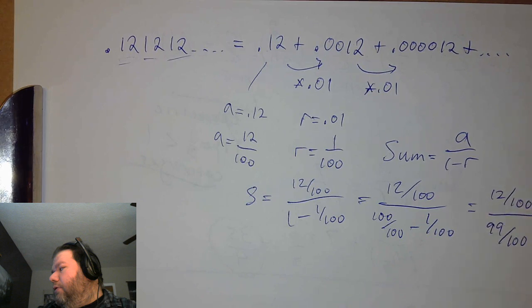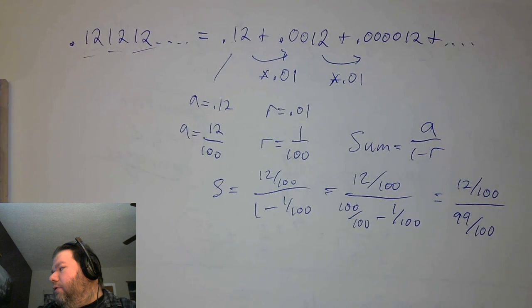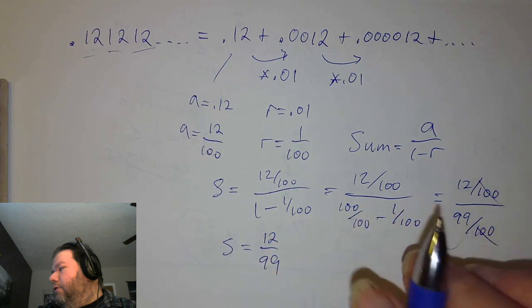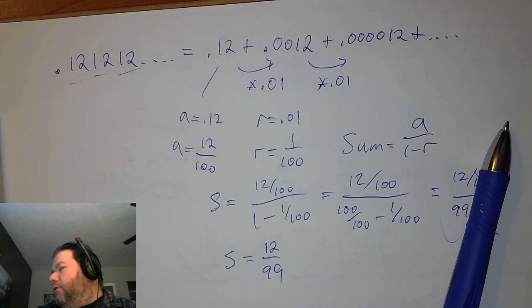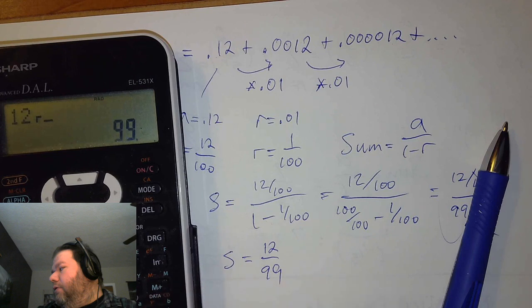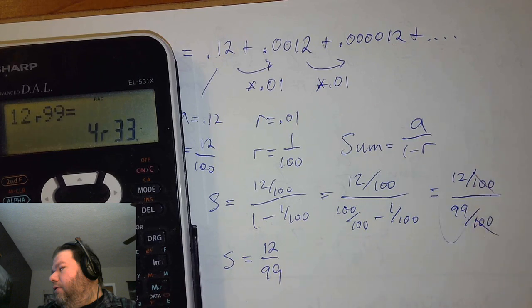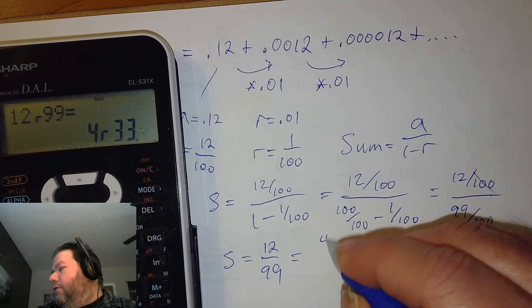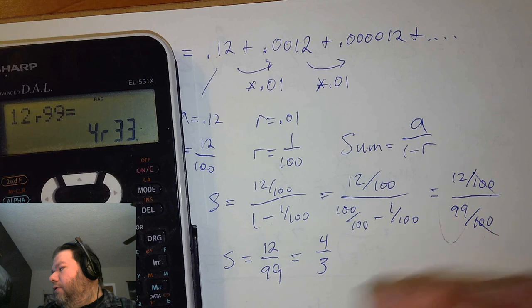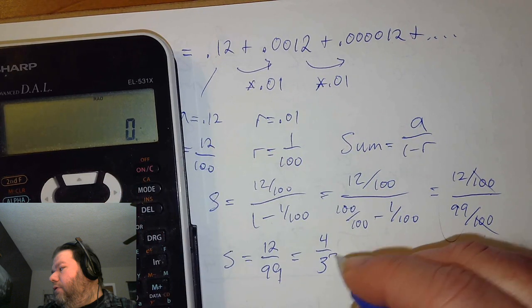With this division of these two fractions, since they both have the same denominator, it's going to cancel out. So we're going to get 12 over 99. So our sum is 12 over 99, and we would reduce it from there. Luckily, I have a function on the calculator that reduces fractions for me. 4 over 33. I mean, we could figure that out. That was divided by 3, but if it goes further, it's kind of nice to have.